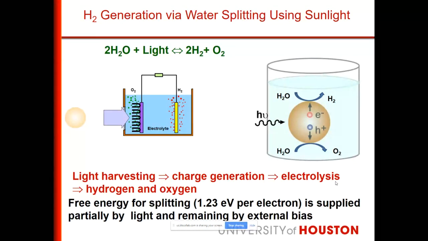Sunlight is the sustainable way of generating energy for our needs. So we use a process called photocatalysis or photoelectrochemical conversion of water.